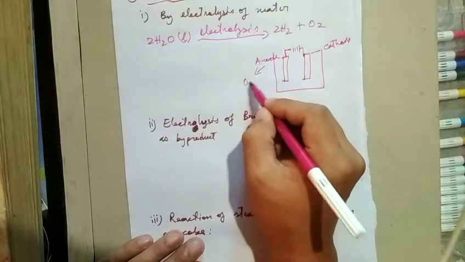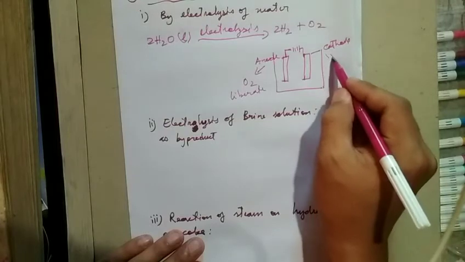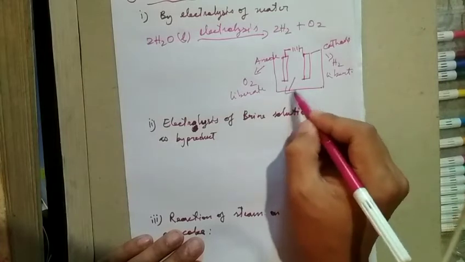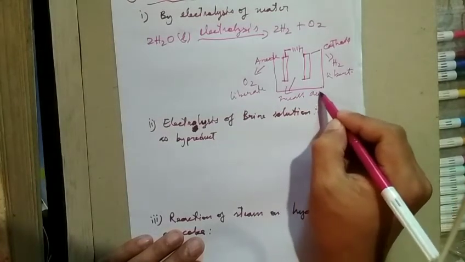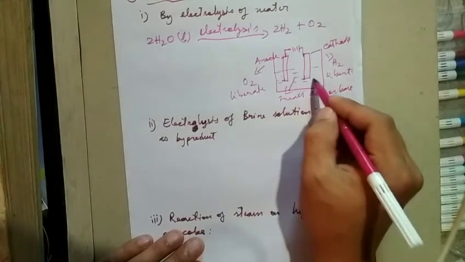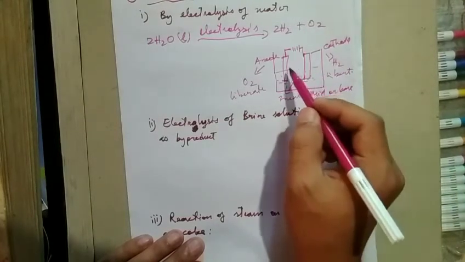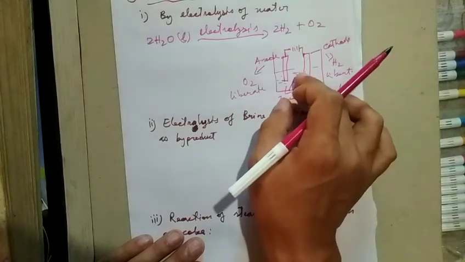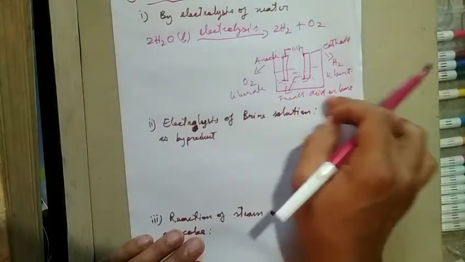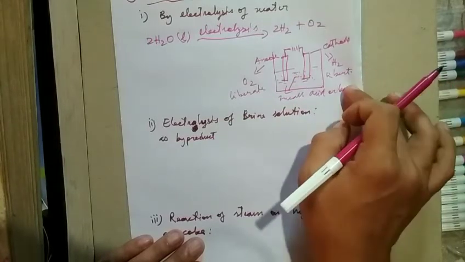At the anode, oxygen is liberated, and at the cathode, hydrogen is liberated. A small amount of acid or base is present so that electrolysis can take place. If you use water only, it will be difficult for electrolysis to take place, so a small amount of either acid or base is used for electrolysis.